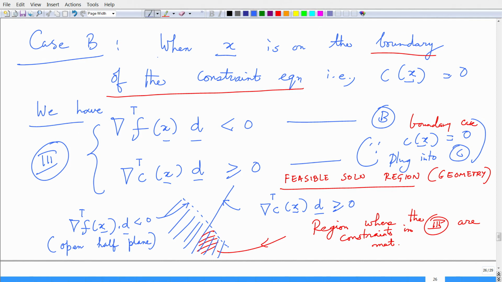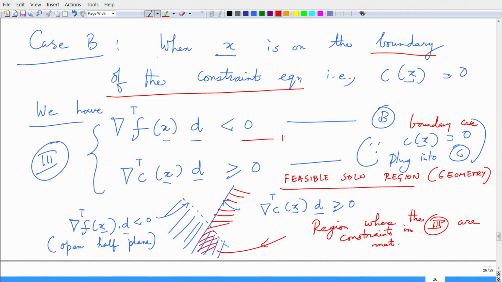Similarly, when I look at del C transpose D is greater than or equal to 0, I am looking into this shaded red region here, right. That is the second part of this equation set 3, right.